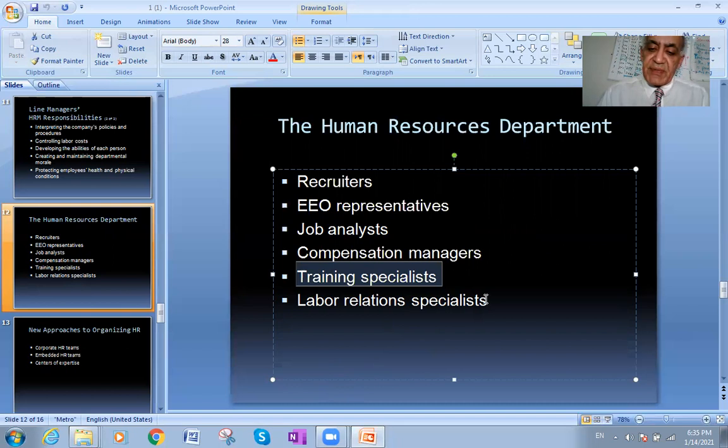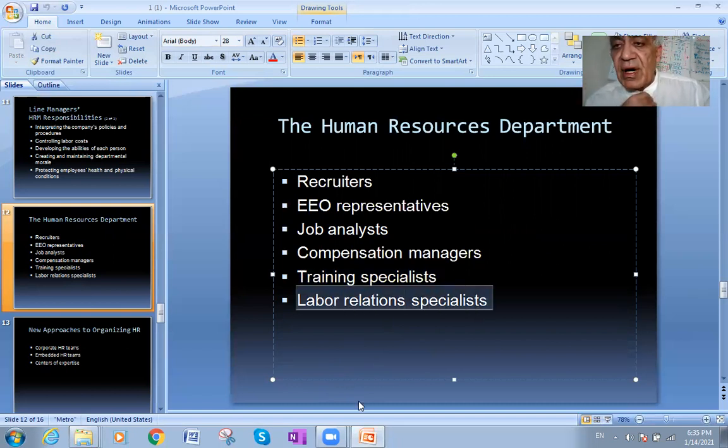Labor relations specialist. Yes, the human resource department is the spokesman on behalf of the department in particular, and the organization in general, when talking, negotiating and bargaining with the labor unions, leagues, and any outer entities that have direct or indirect relationships with your company.